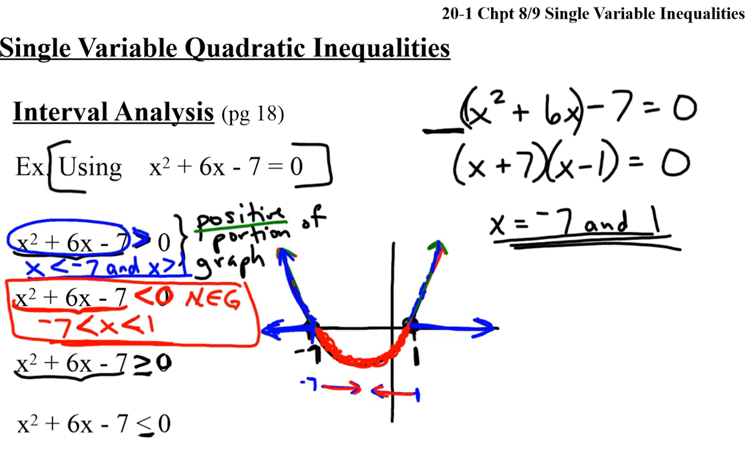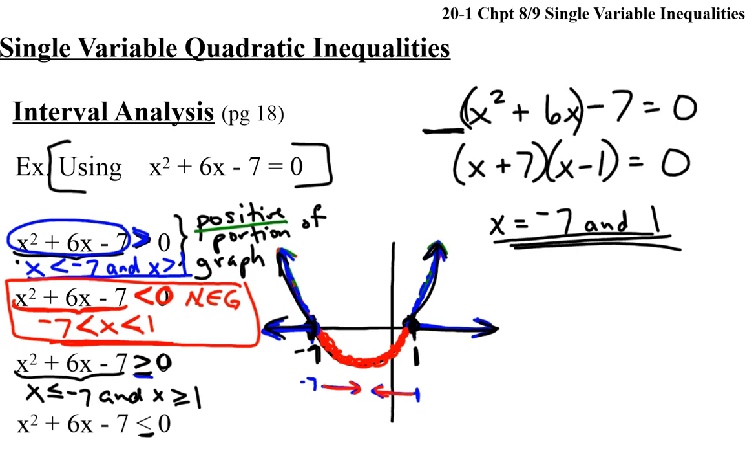There's the positive portions, but this time because it's equal, it's going to be the exact same thing as the first one we looked at, but now we want the x values less than or equal to -7 and the x values greater than or equal to 1. -7 and less gives us positive. 1 and greater gives us positive. So we have to include it.